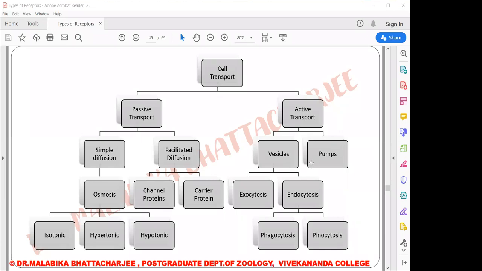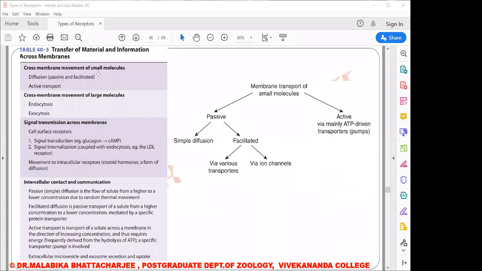Pumps may be involved, as in the transport of neuronal stimuli, where you have the sodium potassium pumps, and there may be vesicles, that is membrane bound bodies, that enclose or engulf particulate matter. So active transport can be broadly further classified this way, but we will restrict ourselves to simple active transport for your syllabus. Here is another way of explanation.